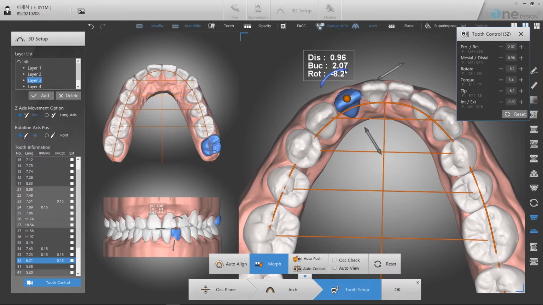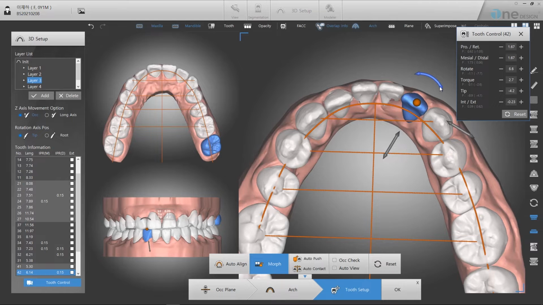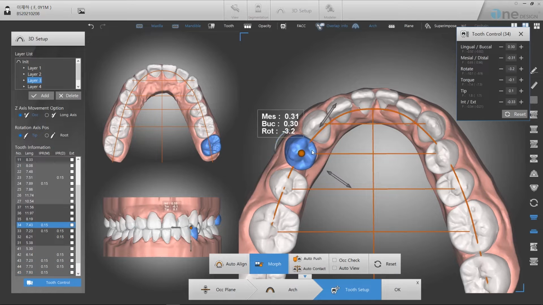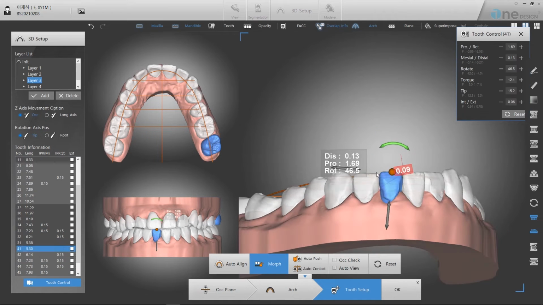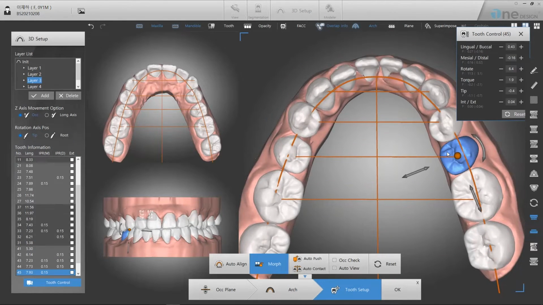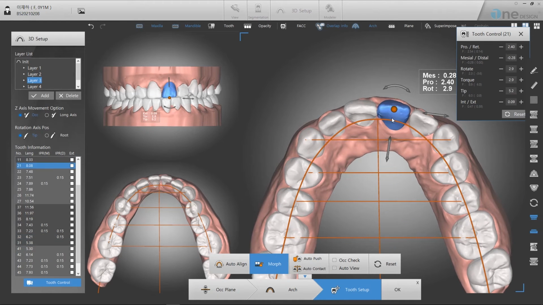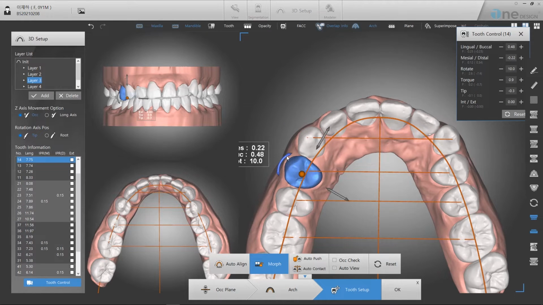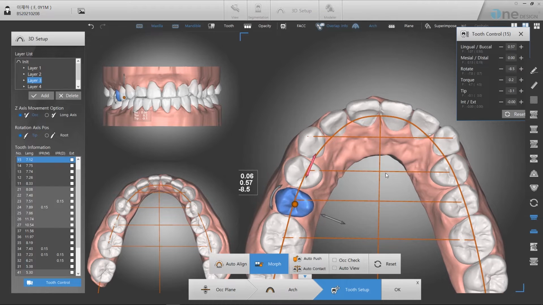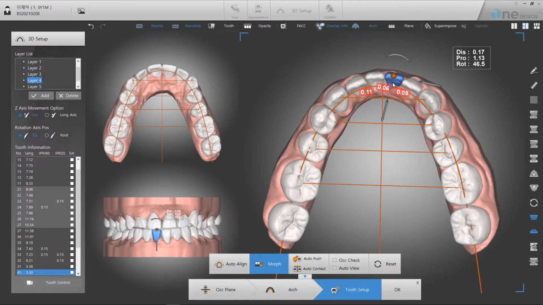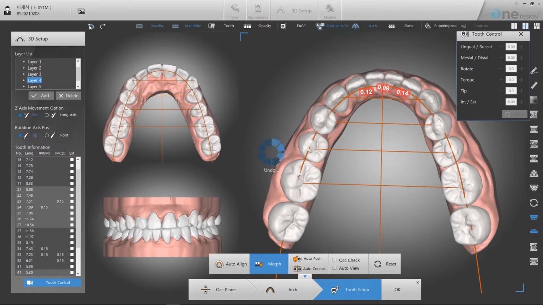In layer 3, we finish the rotation leveling. Layer 3 is the pre-retraction stage.